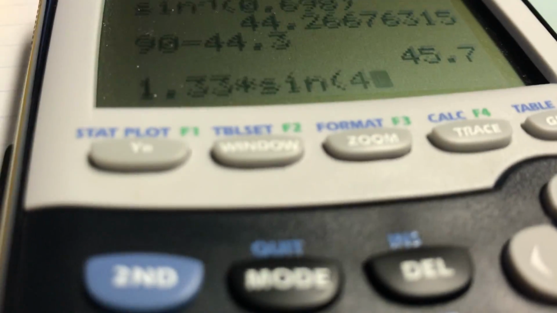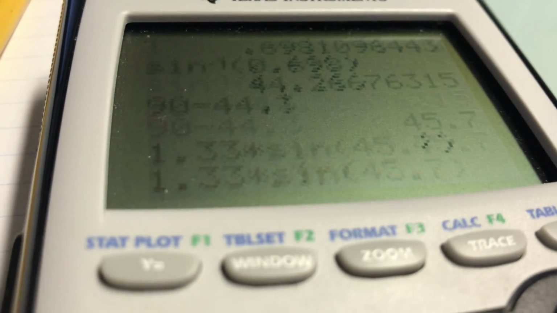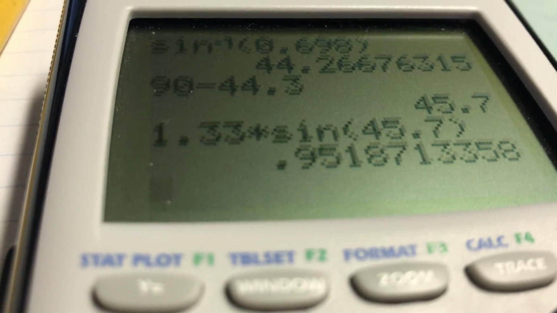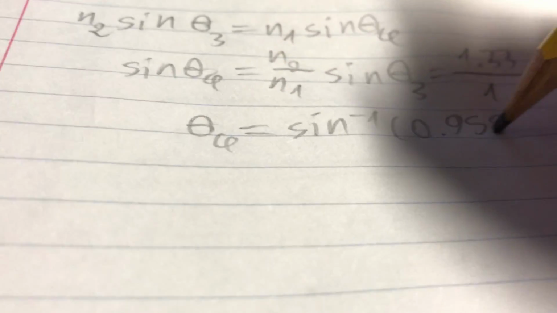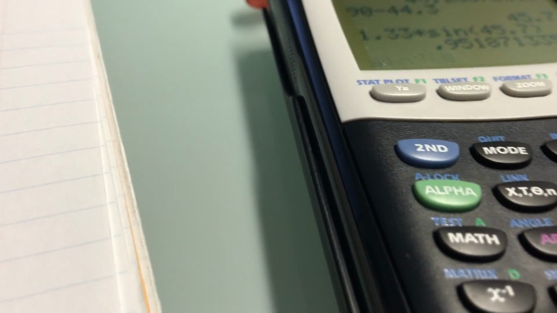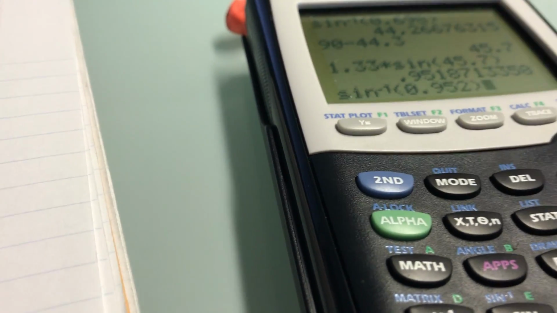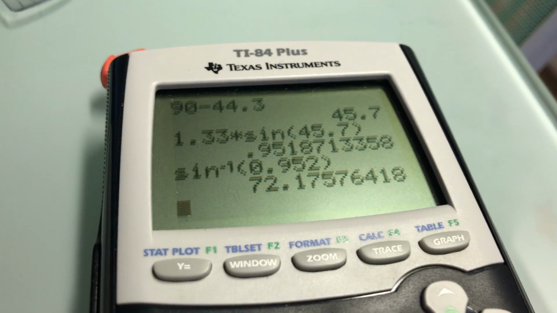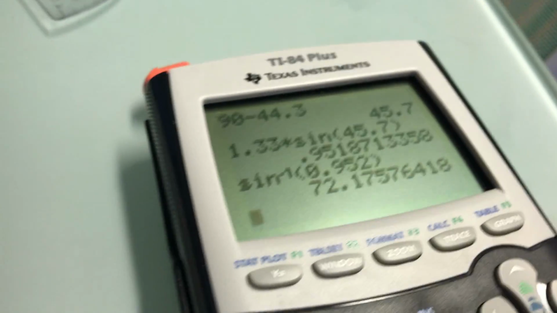Times sine 45.7 is 0.952. In other words, theta 4 is inverse sine of 0.952, and that is 72.2 degrees.